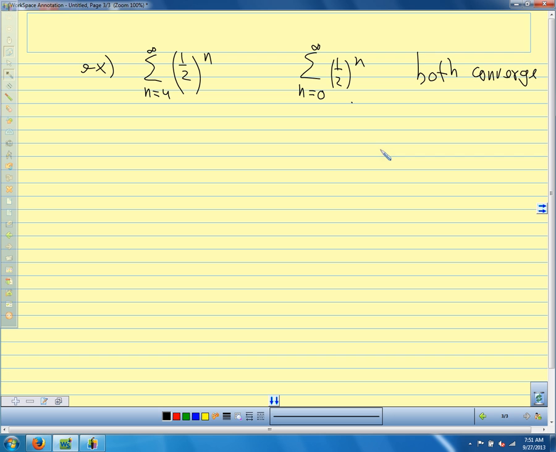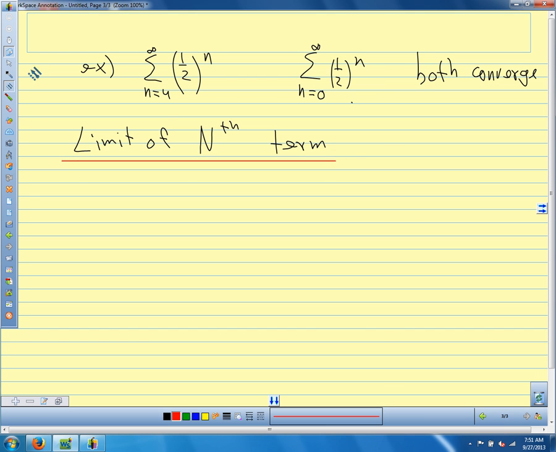All right. The next one of the big tools, one of the important things is the nth term test, or the limit of the nth term. And this is a tricky idea in series. So we want to look at the limit of the nth term. So we're going to state a theorem here.